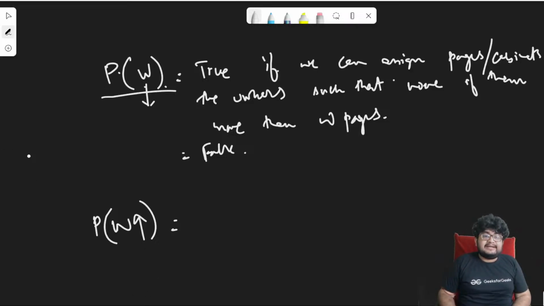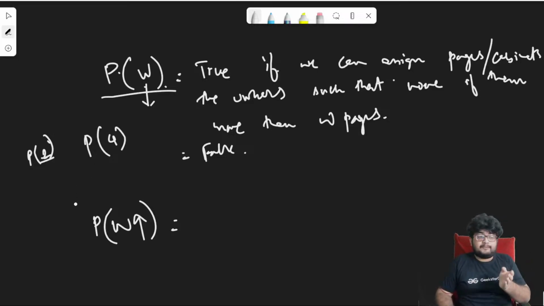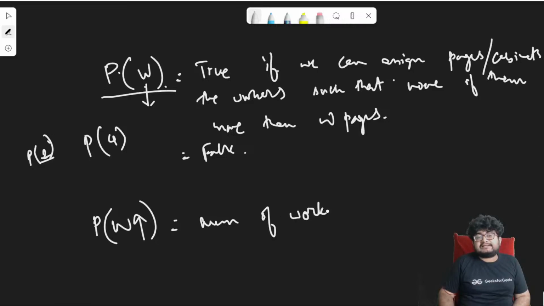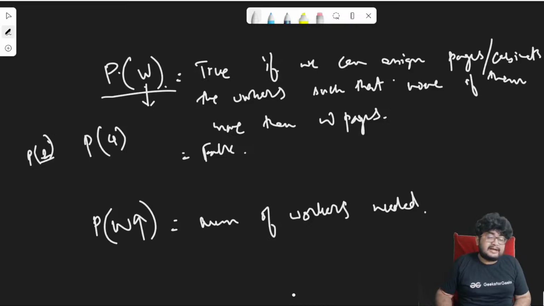Like let's say initially P of 2, that is a worker will not see more than 2 pages. Now it has been increased to 4, that means a worker will not see more than 4 pages. So each worker is starting to see more pages. So in that case, what will happen to the number of workers needed? Can anyone tell what will happen to the number of workers needed?